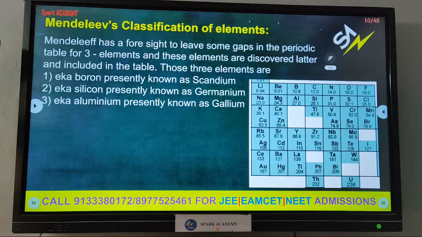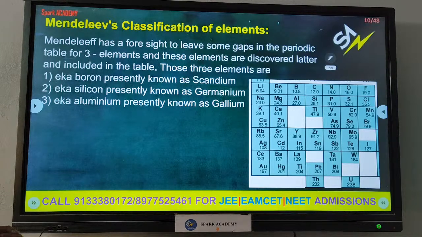Now we see very briefly the merits of Mendeleev's classification of the elements. Mendeleev was a very great and intelligent scientist because he classified the elements in a very good manner compared with previous periodic tables. Why intelligent? Because he did not know some elements at the time of constructing his periodic table, but he left gaps.